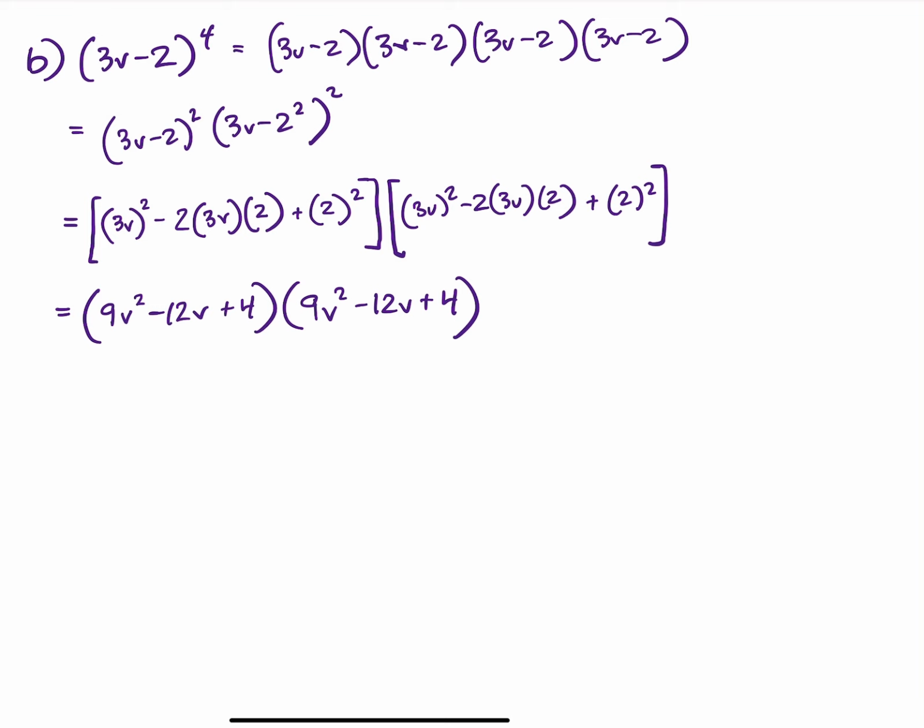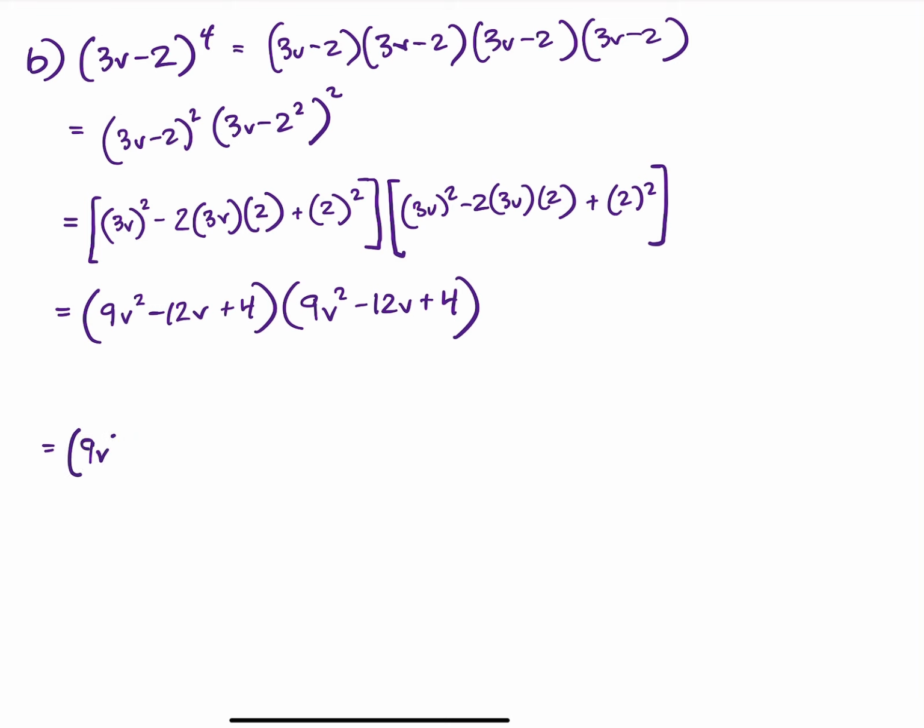So 9v squared times 9v squared. 9 times 9 is 81. And then v squared times v squared, those exponents will add together. So 81v to the 4th power. Why don't I write it out? Let's write out the multiplication just to show everything.